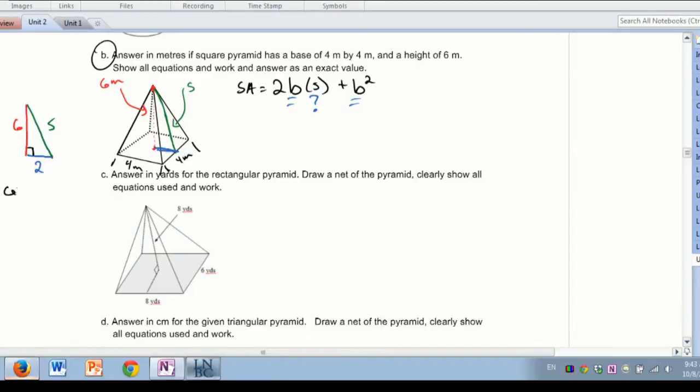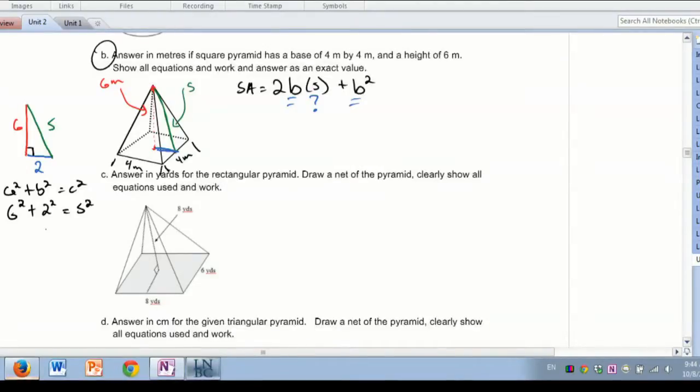So see if I can just do this. A squared plus B squared is C squared. I'll go with 6 squared plus 2 squared is S squared. Now this is where this exact value is going to come in, because we're going to end up taking the square root here. So 6 times 6 is 36, and 2 times 2 is 4.